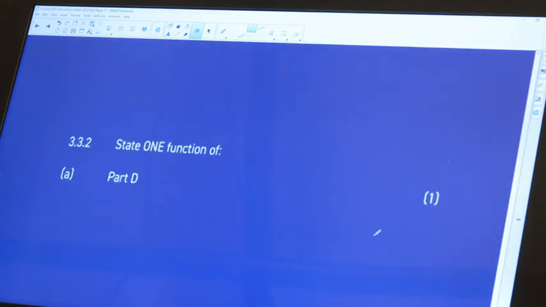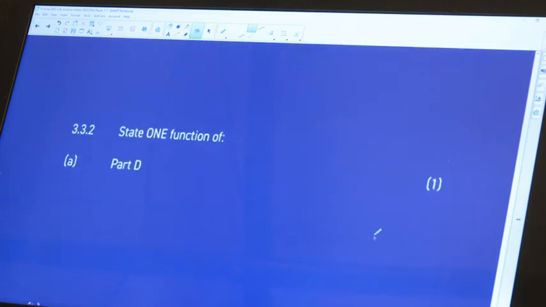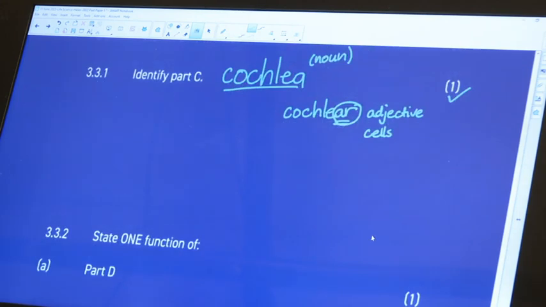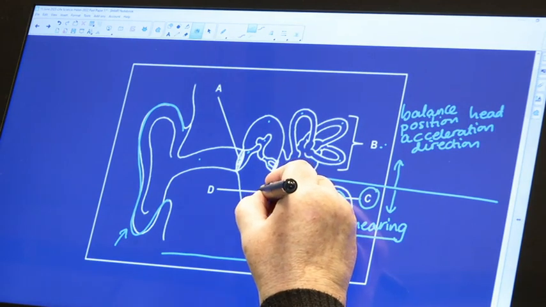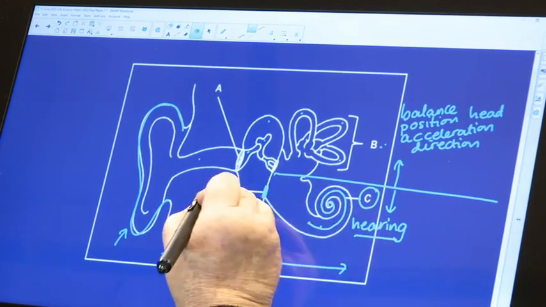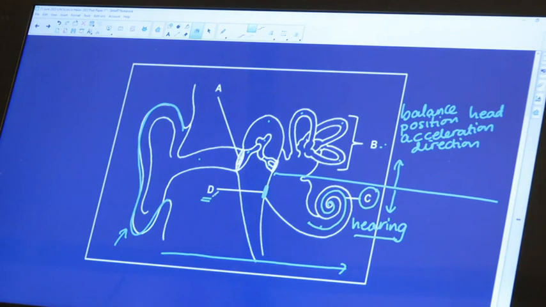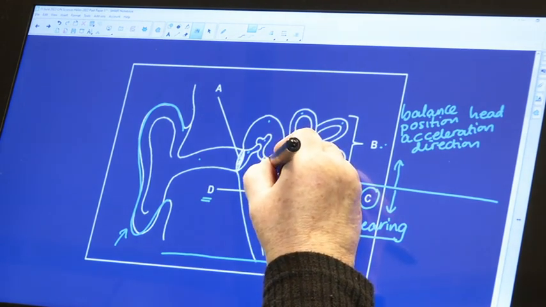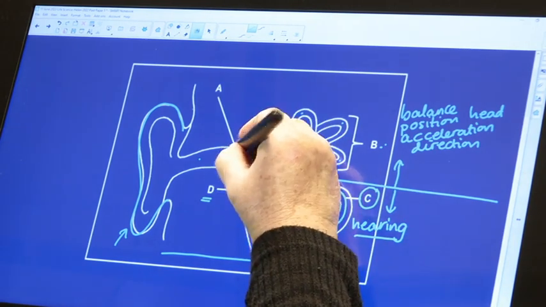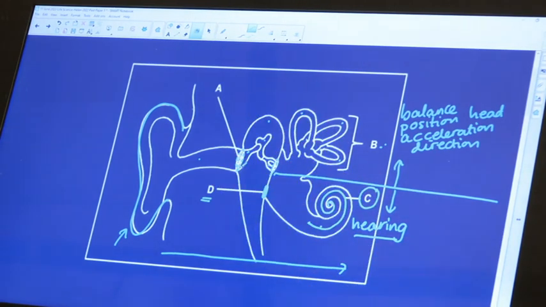State one function of part D. Right, we're going back up to part D. Here's part D. We've got to name one function. Now, we've got 2 other similar structures in the ear.